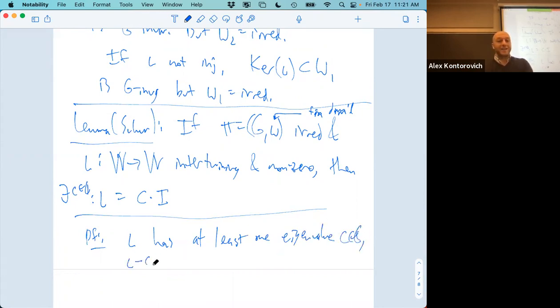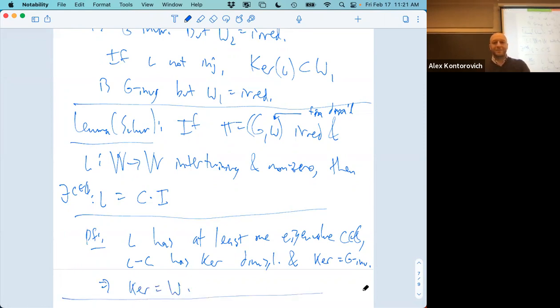So iota minus c has a kernel, which is at least one dimensional, and iota is G invariant. The constant multiple is G invariant, and then this kernel is G invariant. So it must be all of G. Implies the kernel is all of W, rather.